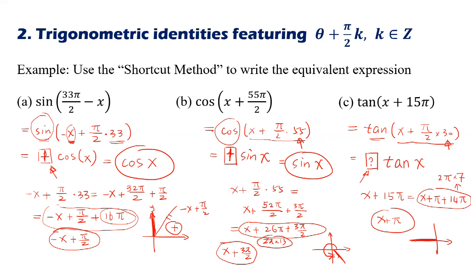So this is pi, right? This is pi. And if we add x, which is acute angle, to the pi, the new angle should be in the third quadrant, right? In the third quadrant, the original ratio tangent is positive. So the sign here is also positive. And then in this way, we know that the original expression actually equals tangent x. Understand?